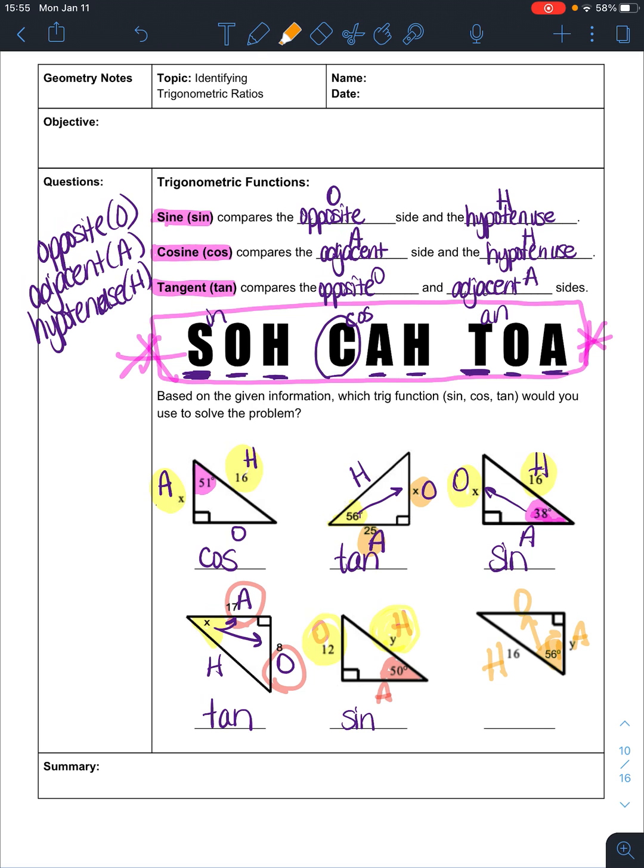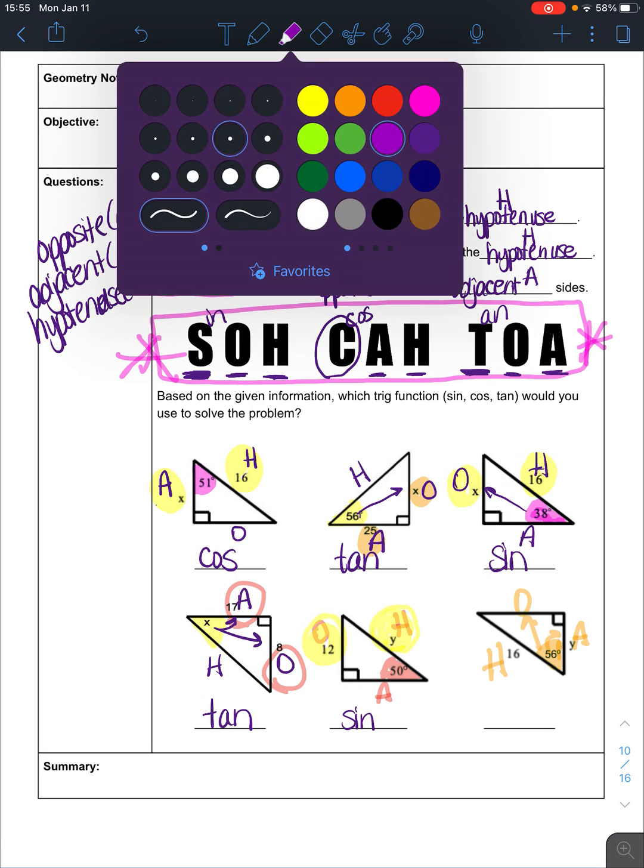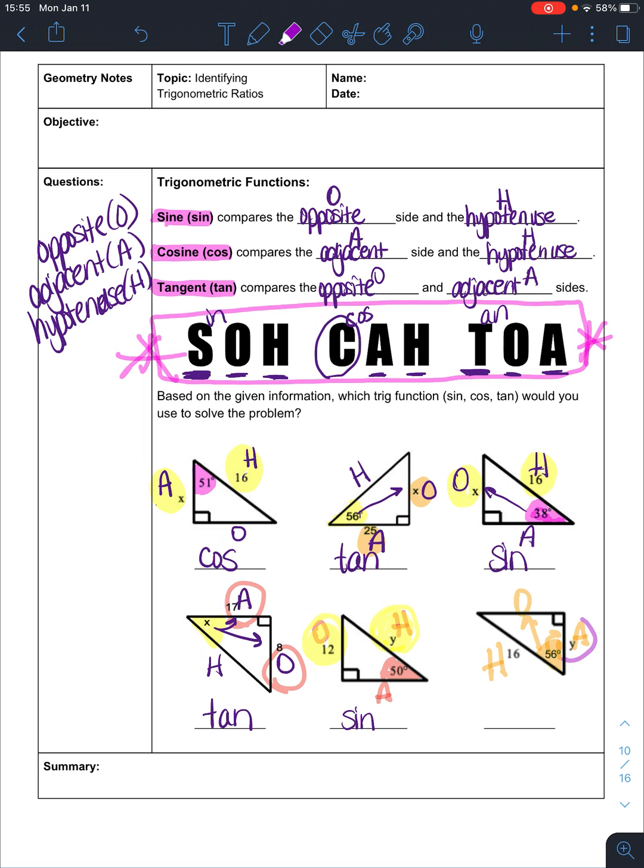So of the pieces that I have something labeled on, I have something labeled on my adjacent side, and I have something labeled on my hypotenuse, A and H. So SOHCAHTOA, that is my AH, which is cosine, and so you would use cosine.